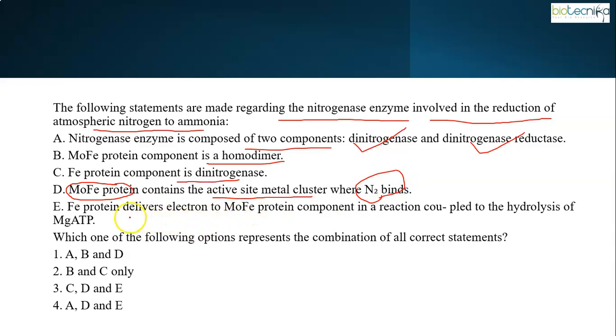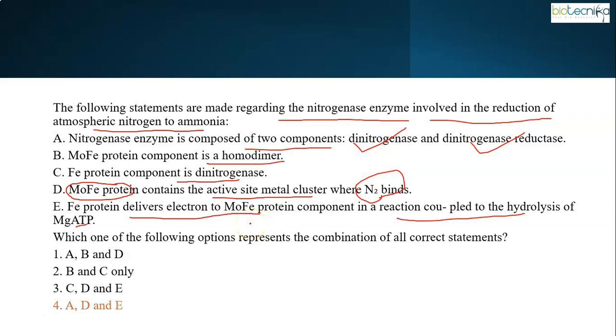Iron protein delivers the electrons to molybdenum iron protein component in a reaction coupled to the hydrolysis of magnesium ATP. That is hydrolysis of ATP in presence of magnesium ions as a cofactor. So you need to identify the correct combination of statements out of this.